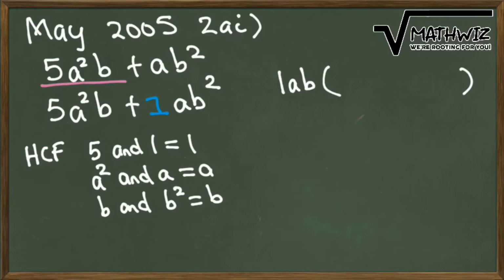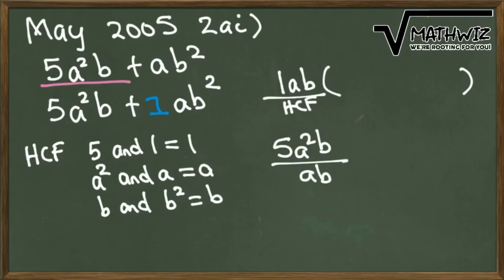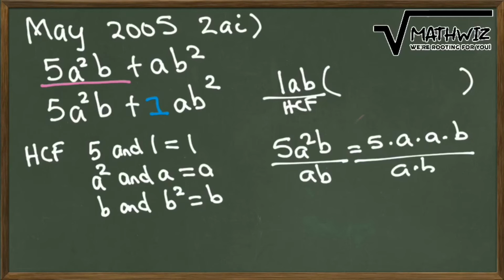Then you're going to take the first term, which is 5a squared b, and we're going to put it over the highest common factor that we found, which is 5 times a times b over a times b, right?